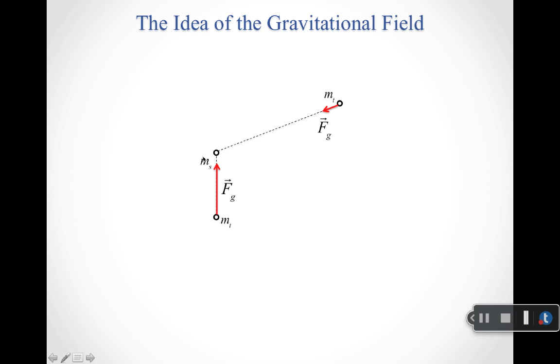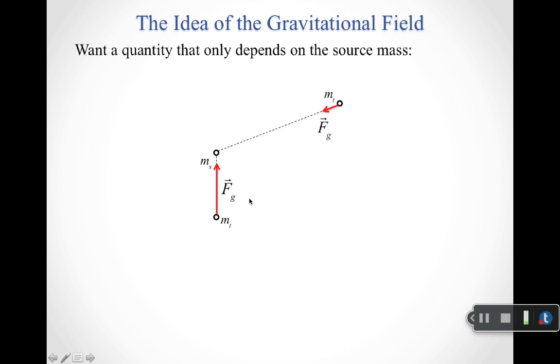It's still going to care about how big the source mass is, how big the test mass is, and the distance separating them. And because my test mass is now a lot closer, in fact about half as far, the force will be roughly four times larger than what it was initially. So I'm going to have some relatively large gravitational force that my test mass feels at this point.